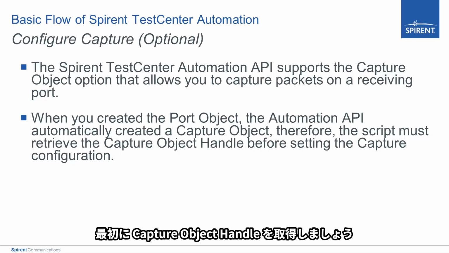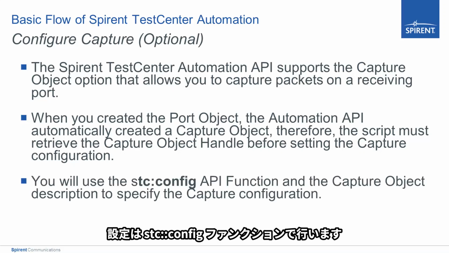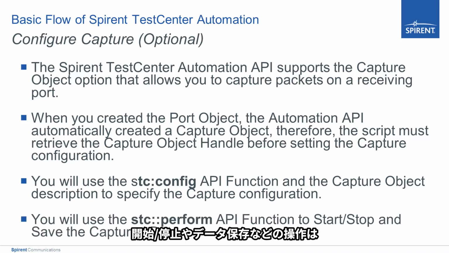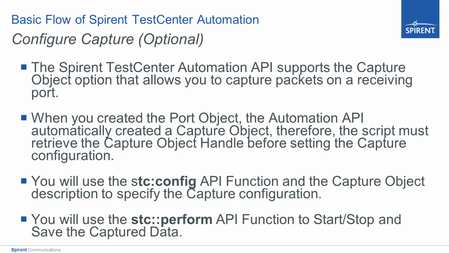Therefore, the script must retrieve the Capture Object handle before setting the capture configuration. You will use the stc config API function and the capture object description to specify the items that you wish to capture. You will use the stc perform API function to start and stop and save the captured data.